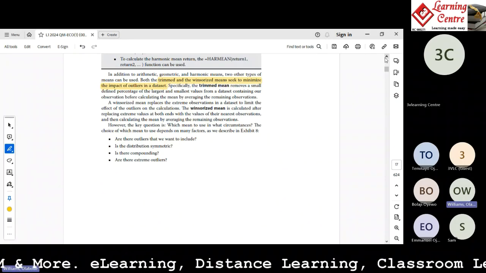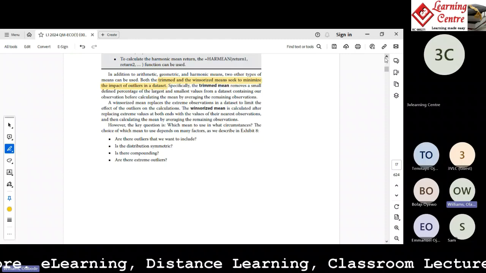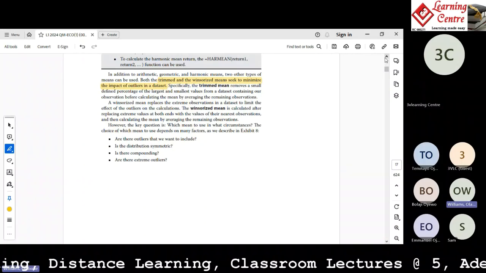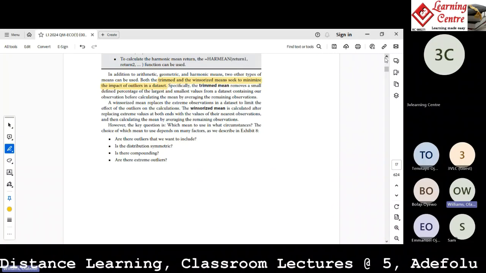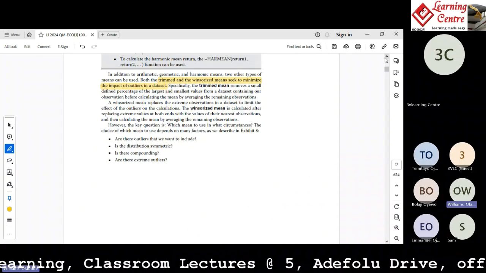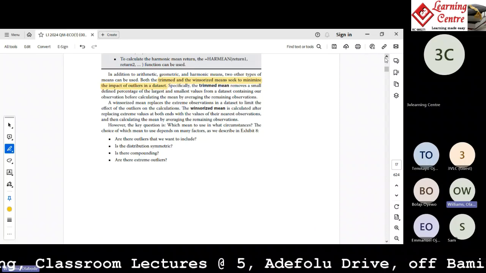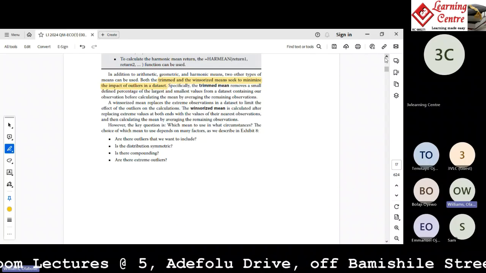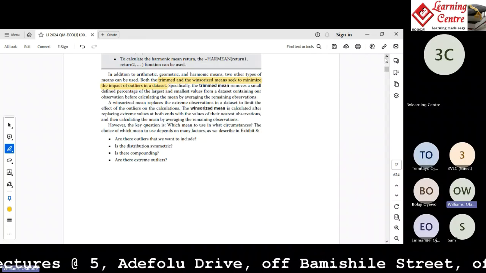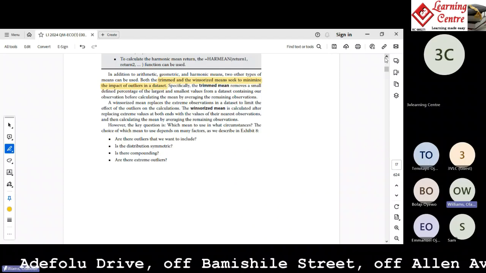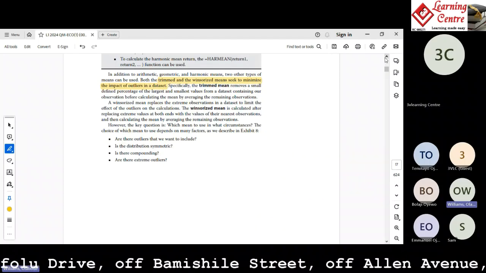Of course, you're not using all of the data, but what you get will be much more reasonable as a mean than when you allow the 600 and the minus 40 to stay. So that's the trimmed mean, in which you remove the highest and the lowest number and then use the remaining observations.